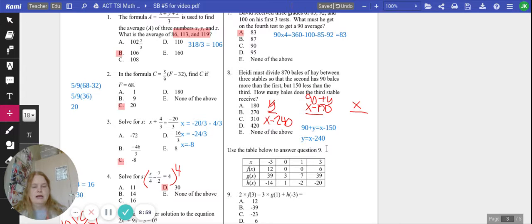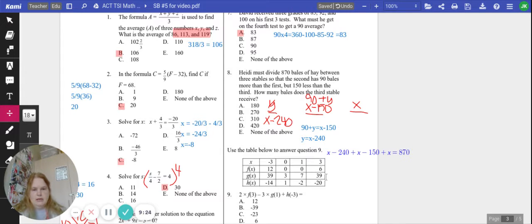Now I'm going to add all the stables together to get 870 bales of hay. And so that means X minus 240 plus the middle stable, X minus 150, plus X in the third stable equals 870 bales of hay.